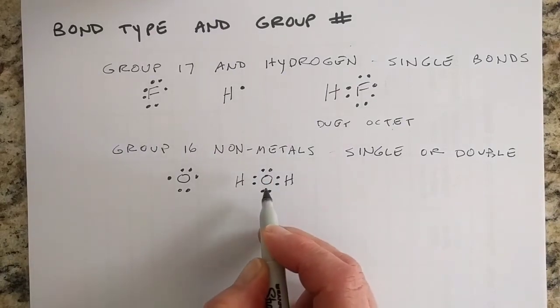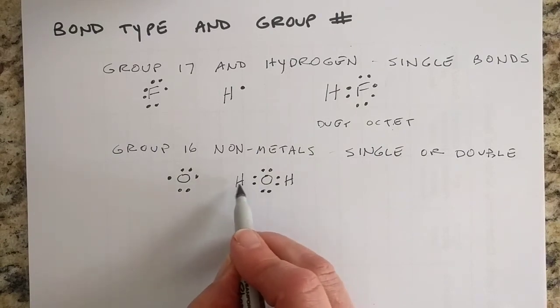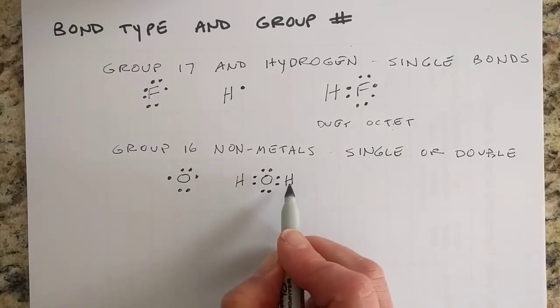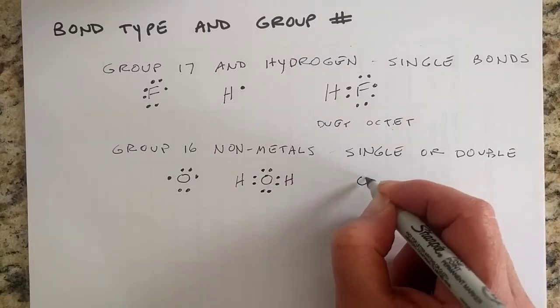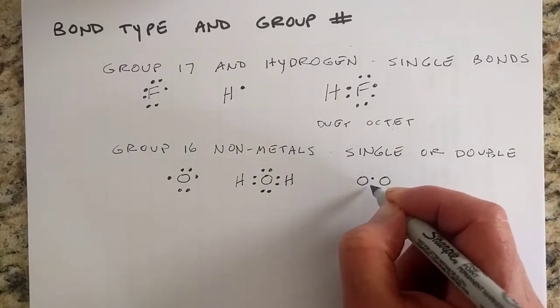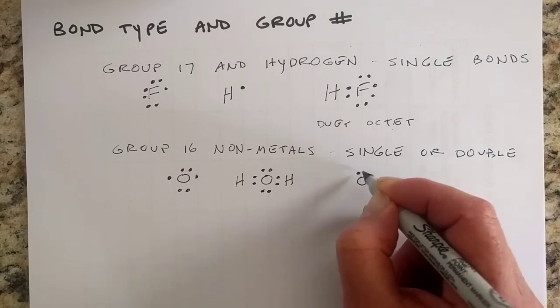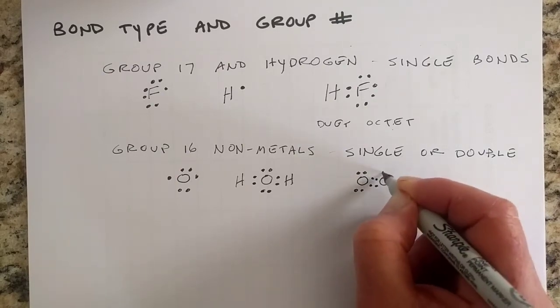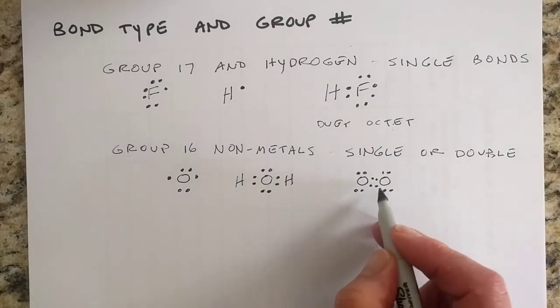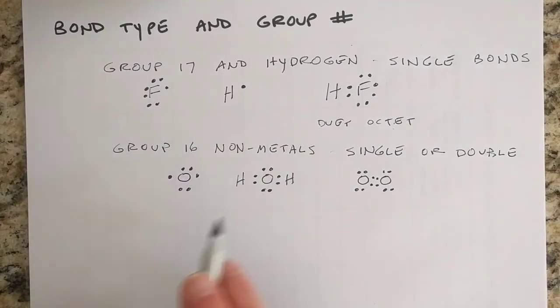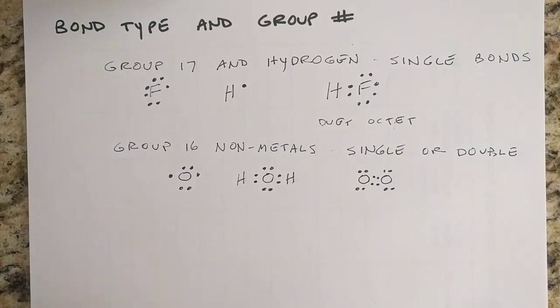And here oxygen is sharing with hydrogen and sharing with this hydrogen, and it's making 2 single bonds. And we've also seen that oxygen can bond with itself like this. And here we have a double bond between the oxygens. So group 16, single or double. And we're talking about the nonmetals.